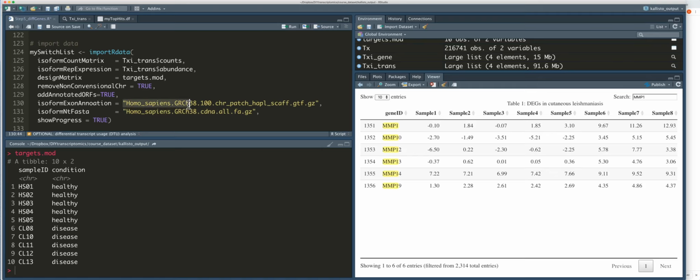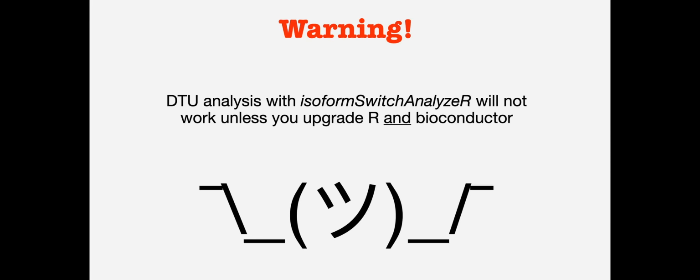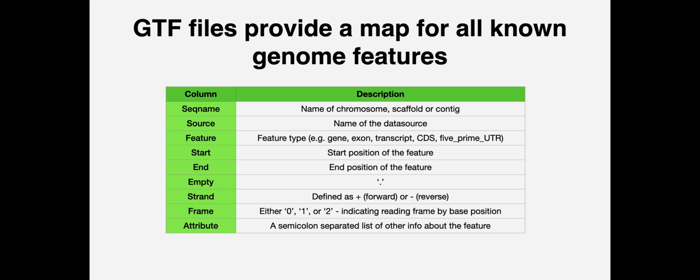And we need to provide it something called a GTF file. And we haven't used a GTF file. We haven't talked about a GTF file. I don't want to go into great detail about it, but it's a text file that has essentially 9 columns to it.